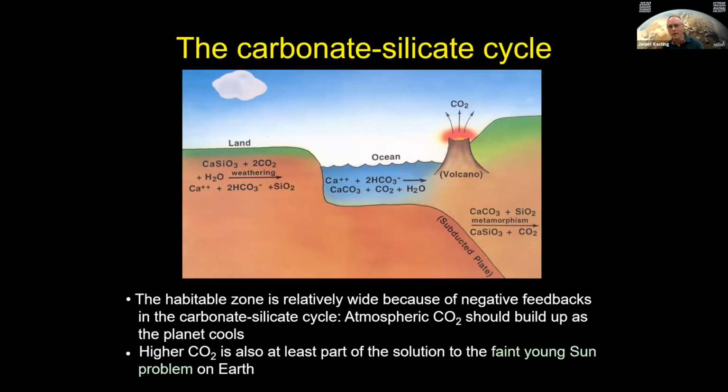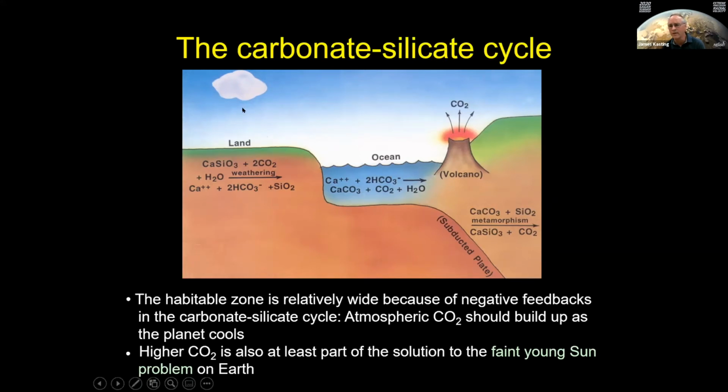When we say carbon cycle, most people think of the organic carbon cycle, which is photosynthesis going in one direction and respiration and decay going in the other. But that's not what we think controls the Earth's CO2 level on long time scales. Rather, it's controlled by the inorganic carbon cycle, also called the carbonate-silicate cycle. And it's shown on this cartoon here.